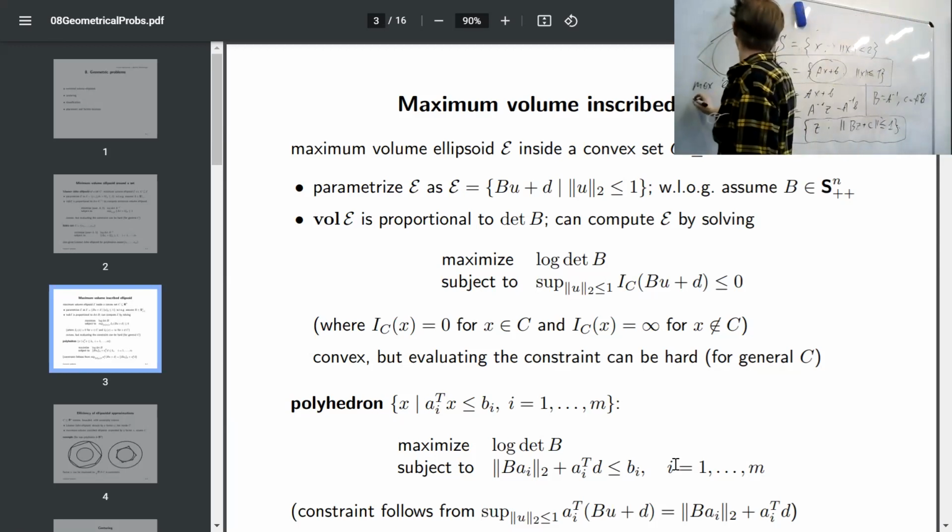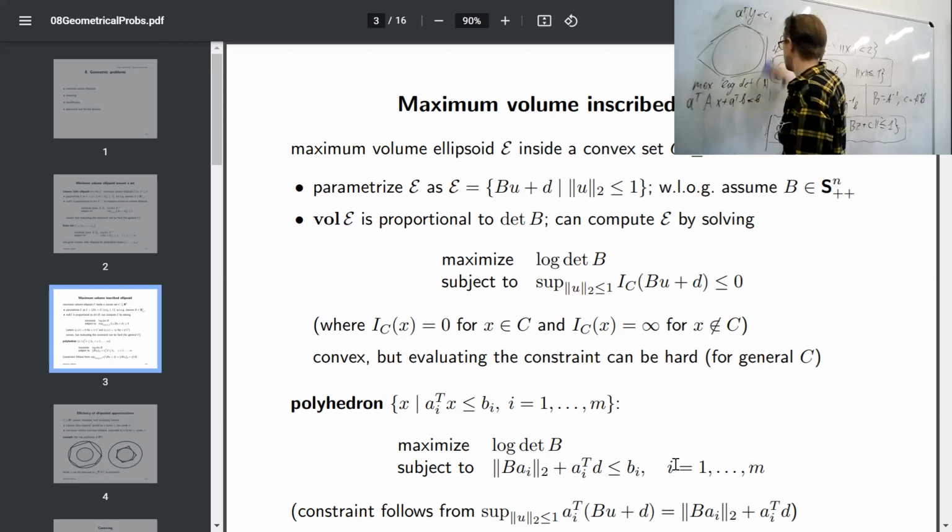So what can we write? Well, we can say A transpose A x plus A transpose B less than or equal to C_i.